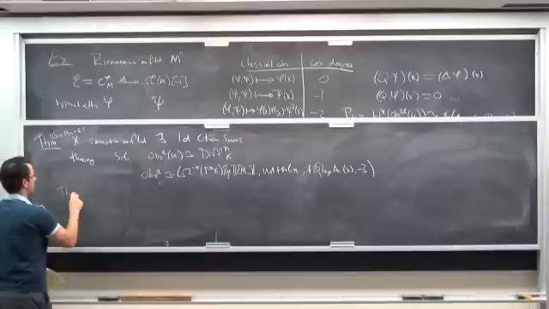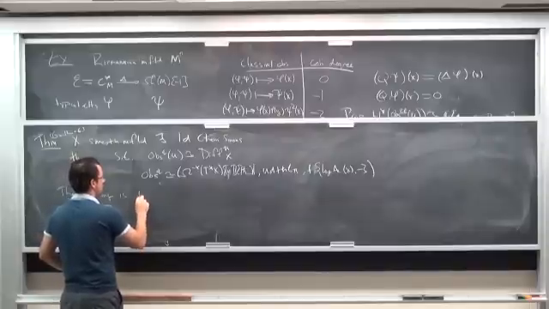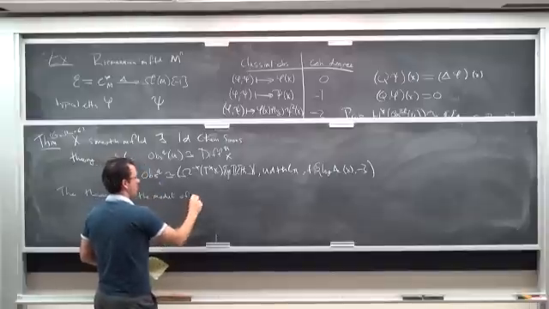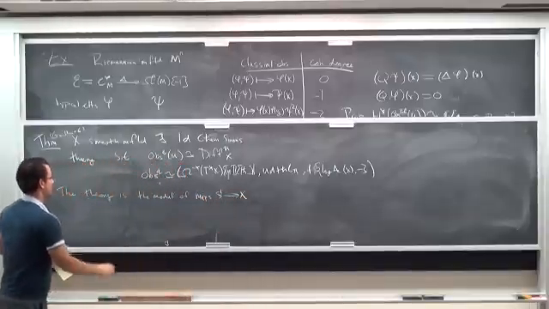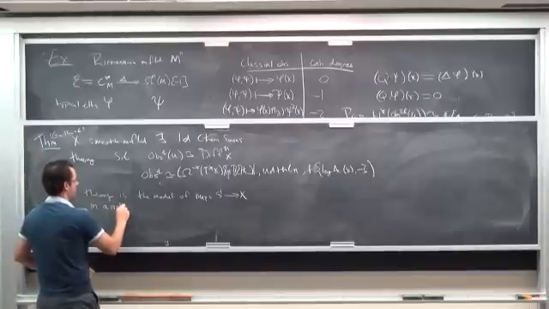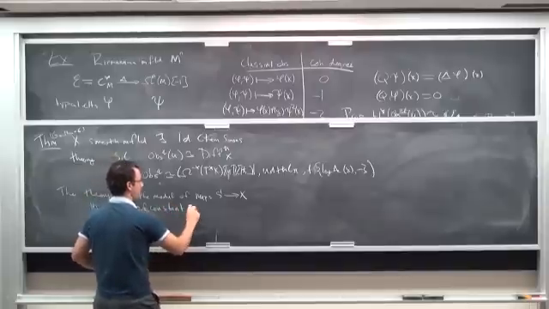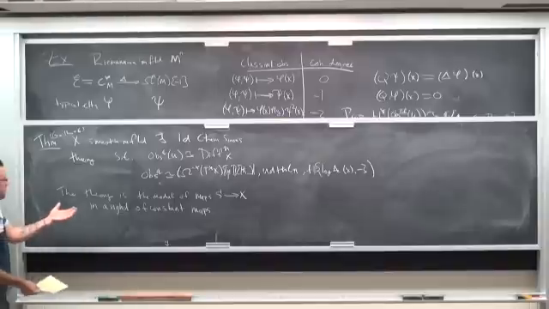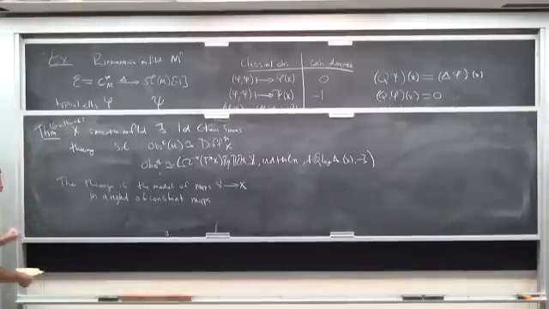It's studying the moduli of maps from the circle into X, but just in a neighborhood of constant maps. If you want to link up to what Kevin discussed this morning, this is one way to write down this theory.